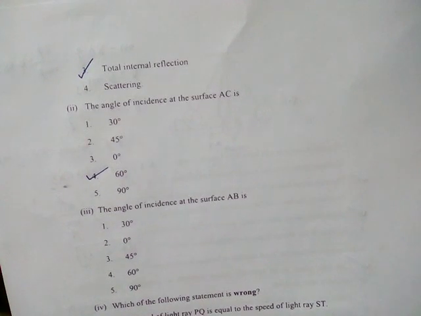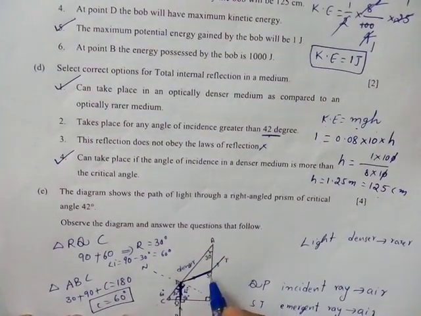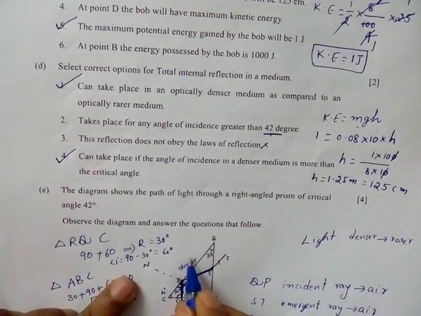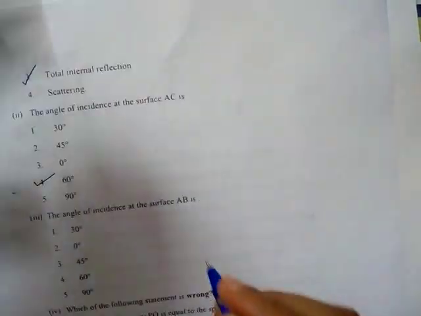The angle of incidence at surface AB. Now at the AB surface, what is the angle of incidence? Again you have to draw the normal. I will do one more diagram.